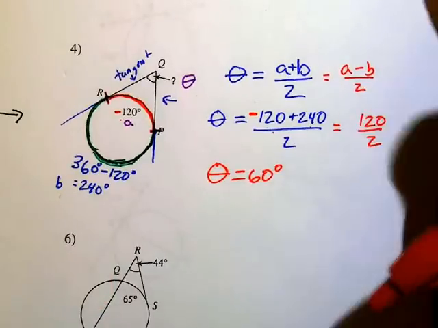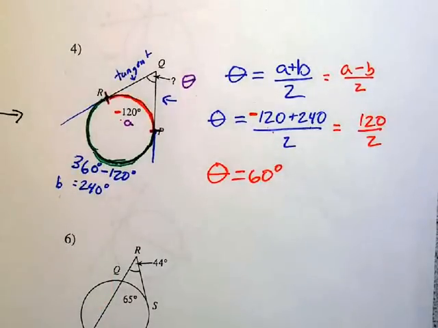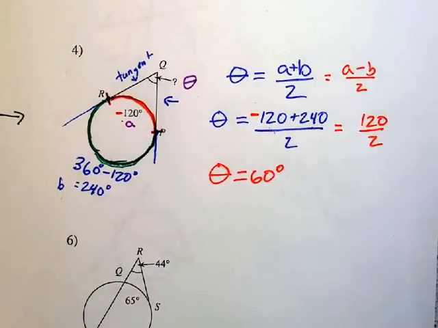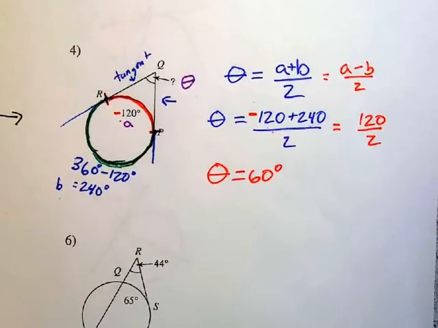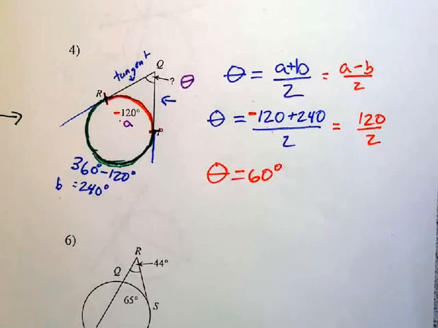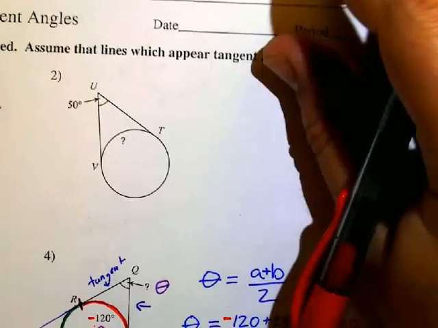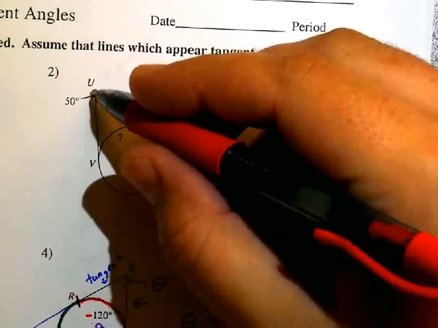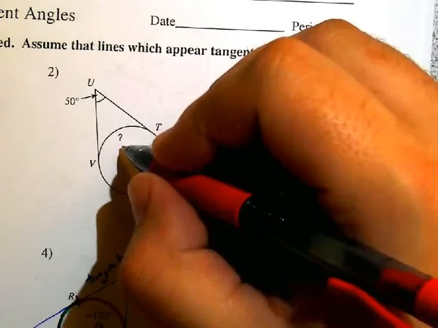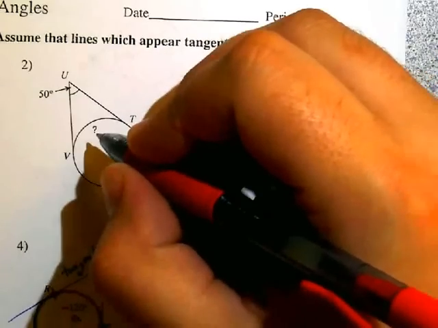So I've got one more problem I'm going to do on the front page, and then I will leave it to you guys. So number 2 is a tough problem.